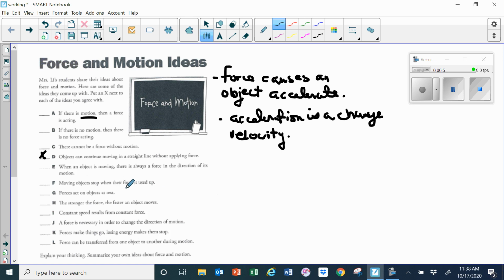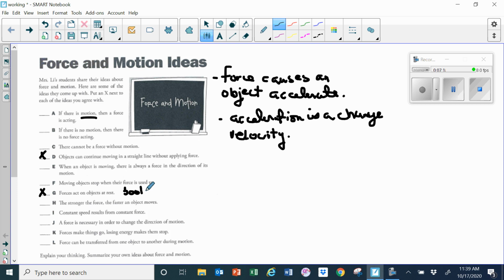Okay. Forces act on objects at rest. Well, they sure do, don't they? So the book on the table. I'll just call this the book on the table example, right?